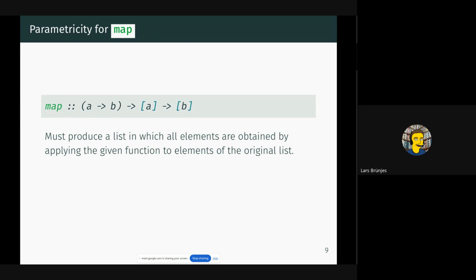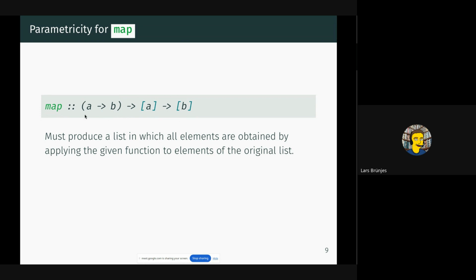Of course you could give the empty list, for example. But if you want to actually write a B down, because you don't know what B is, and you have no B as an argument, all you have is a list of A's and this function. So the only way to get a B is to take one of the A's in the list and apply this function to it.